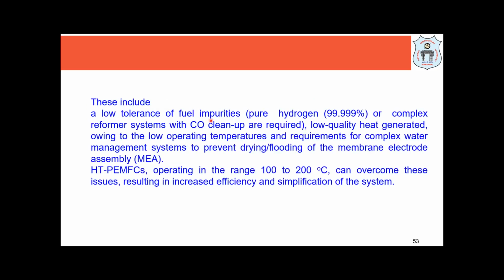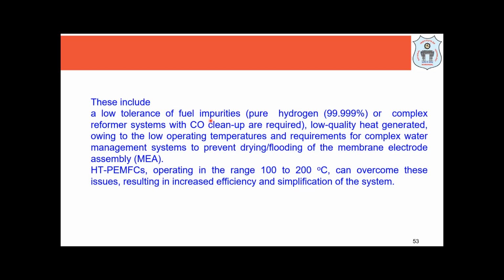However, low temperature PEM fuel cells have some disadvantages, such as very low tolerance to fuel impurities, or complex reformer systems with CO cleanup are required. There is also low quality heat generated owing to the low temperature operation, and a complex water management system is required to prevent the drying or flooding of the membrane electrode assembly.